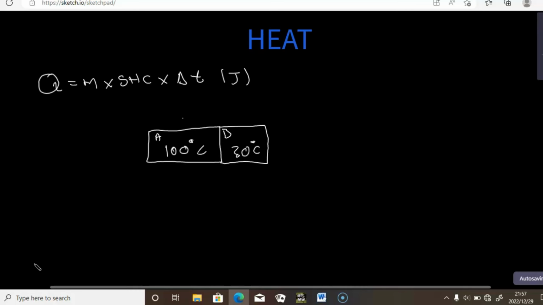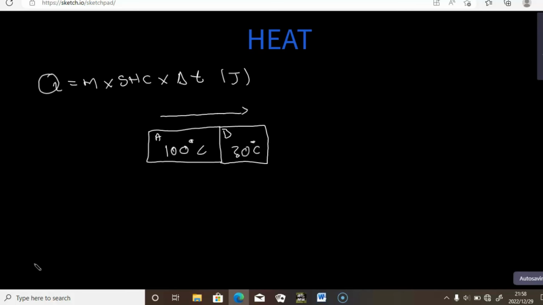What's going to happen here is that there will be a flow of heat energy, number one, because of the temperature difference. And that flow will be from object A to object B. Why? Because heat always travels from a higher temperature object to a lower temperature object.